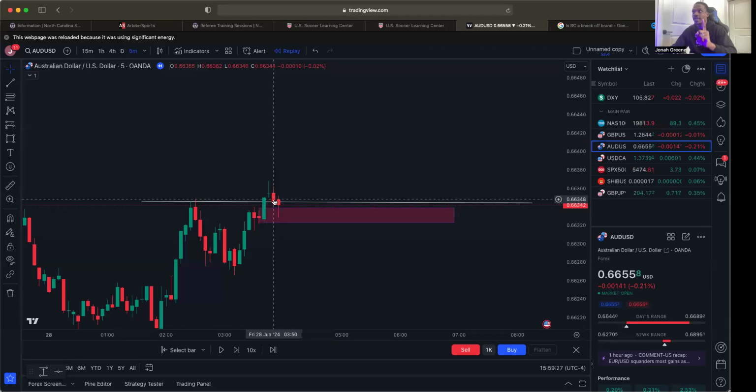Let's just say this is our retest candle, but the next candle didn't go back up and didn't break this high. I'm hoping that this candle breaks this high, which we see obviously it didn't, it closed bearish. So I'm waiting on another candle to break this high, and then we can enter.